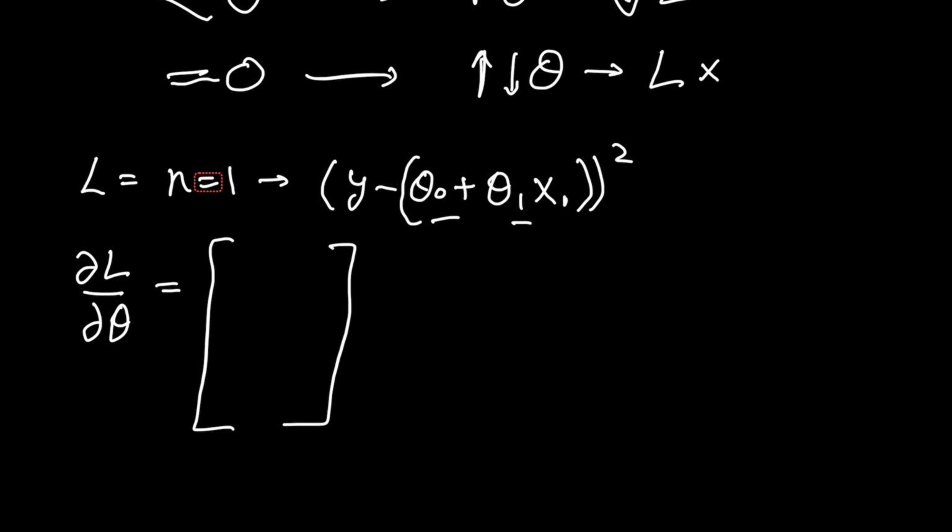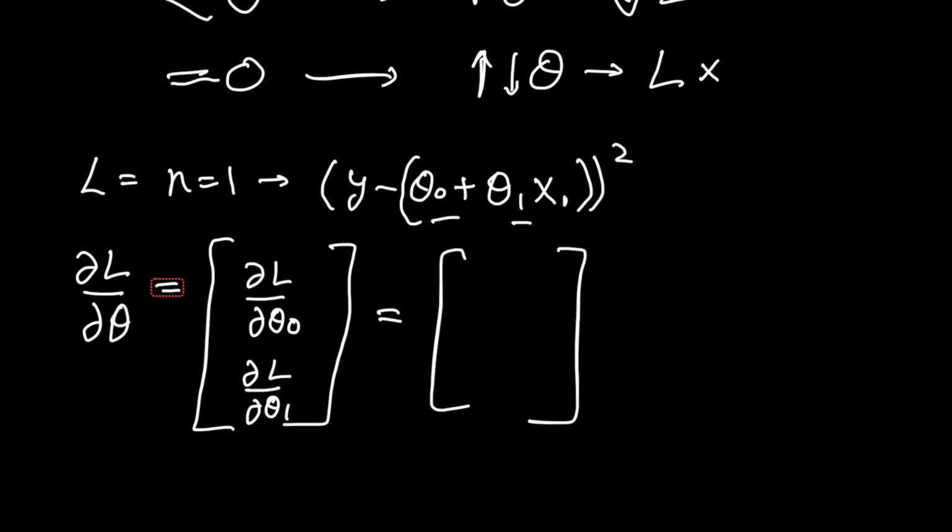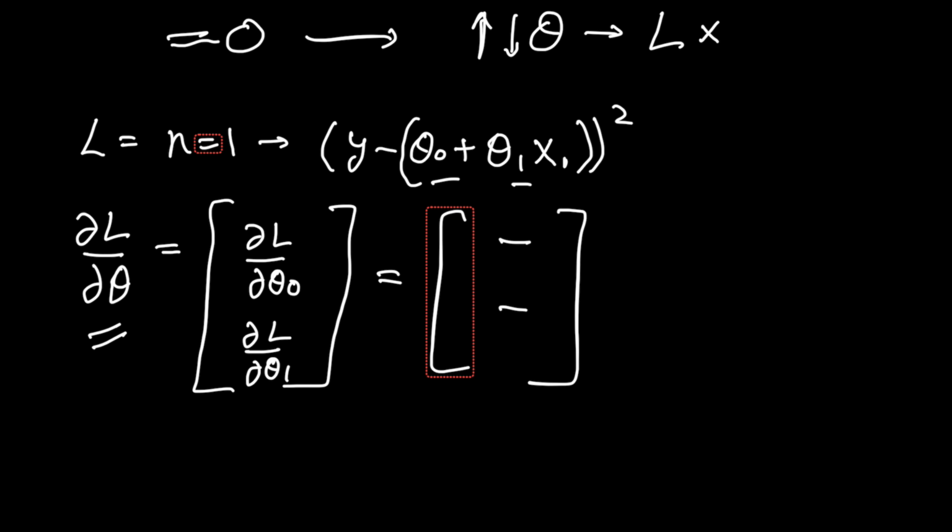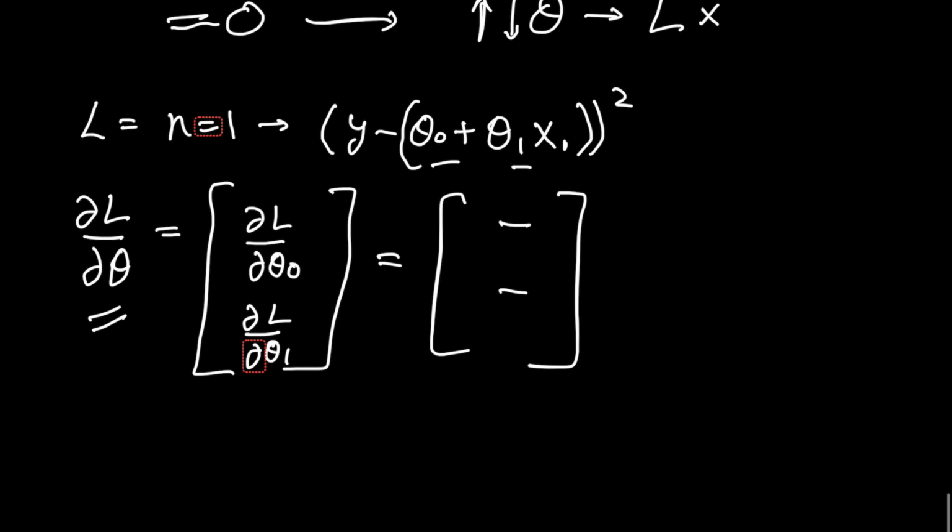Partial differentiation in very simple terms is nothing but differentiate the loss function with theta naught, differentiate the loss function with theta 1, and then simply put their values in here, and that would basically be your del L over del theta. Well, I'm not going to do that. It would be quite nerdy, but okay, let's do it for one value.